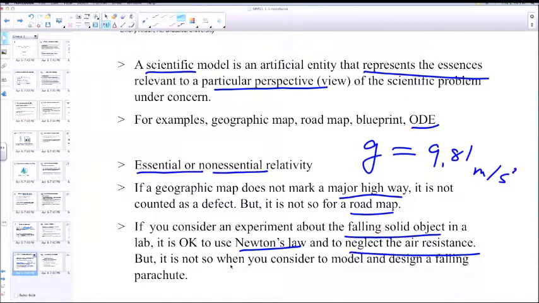Perfect. However, if you want to design a parachute, and you make the same assumption, you say let's neglect the air resistance, that's a fundamental flaw, because the air resistance is an essence in this model.